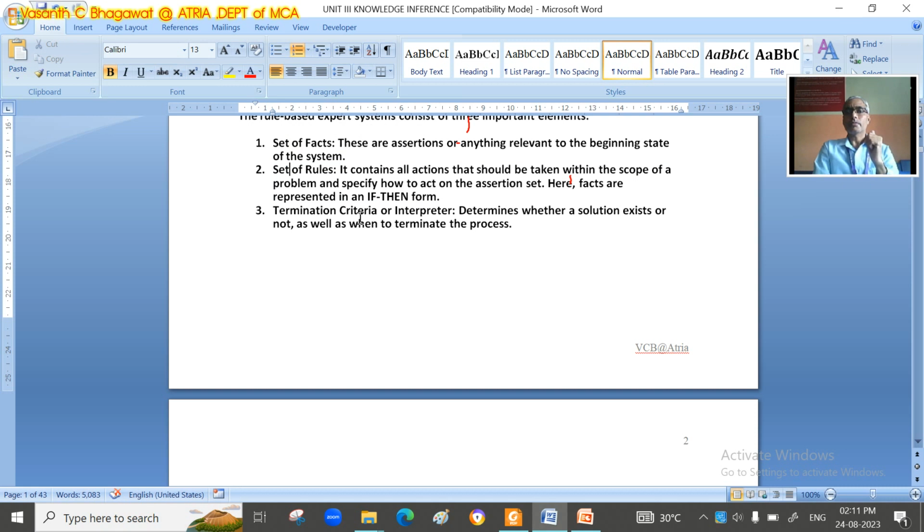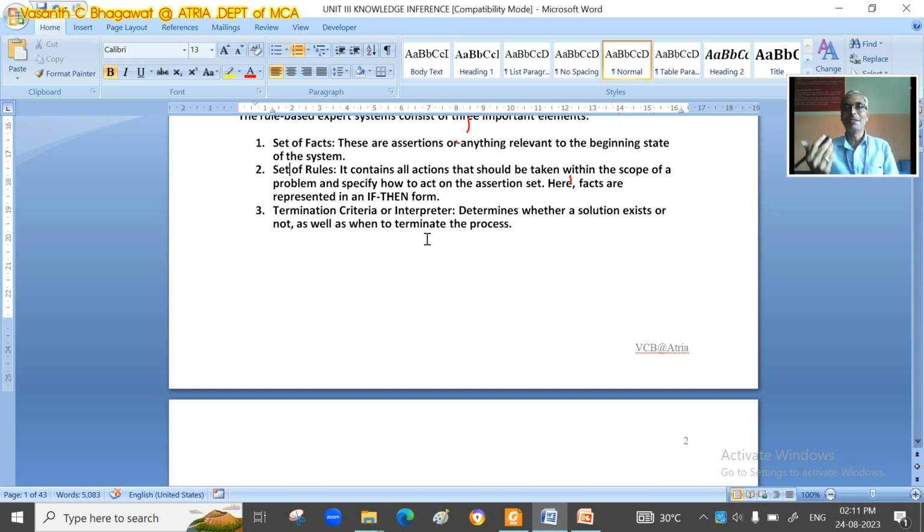And the third one is termination criteria, or we can call it the interpreter. Just like any program, we need to terminate. When you keep on applying one rule after another from our knowledge base, you have to terminate at some point, or you should come to a conclusion. So what is your result?